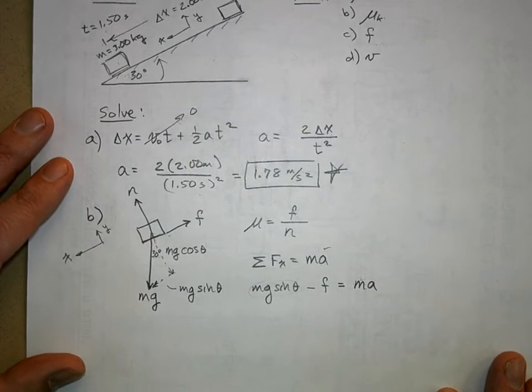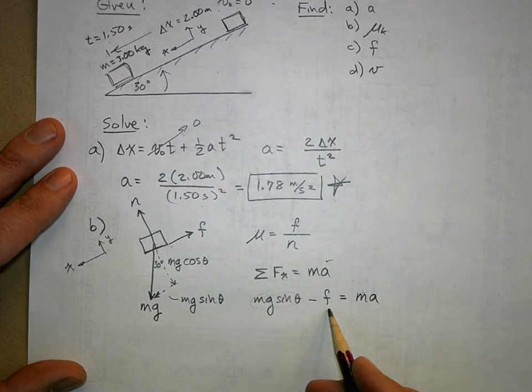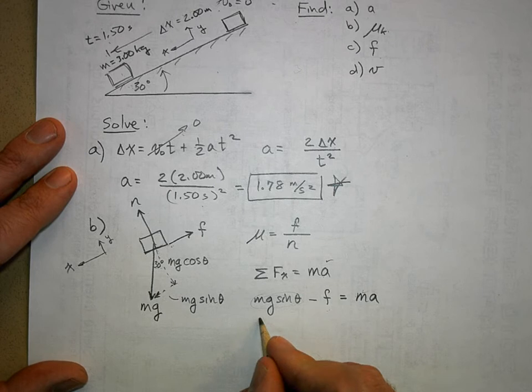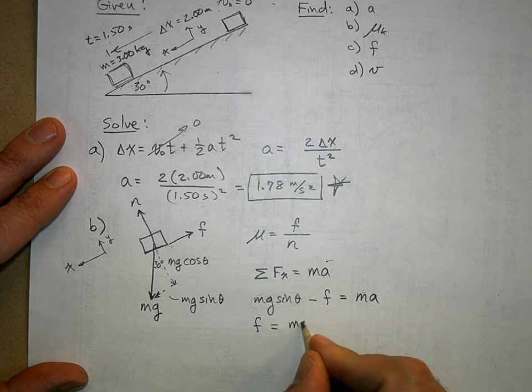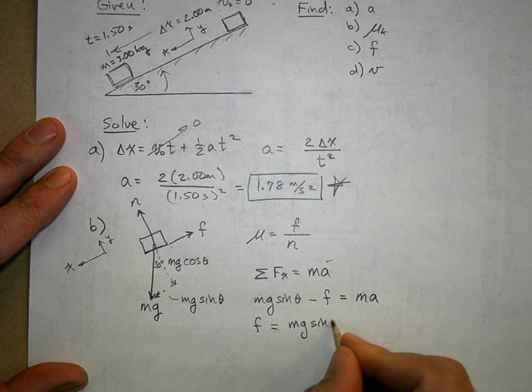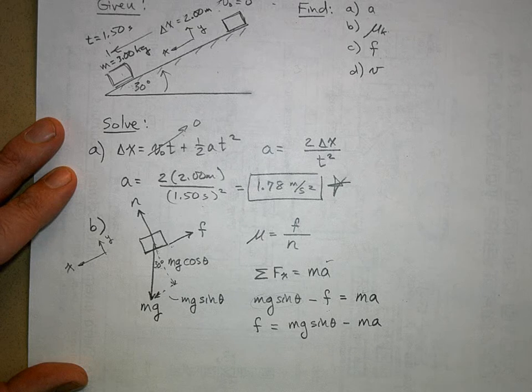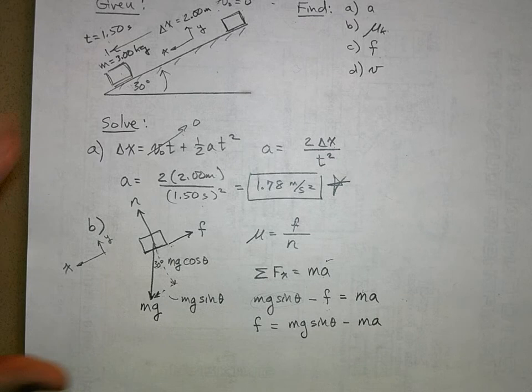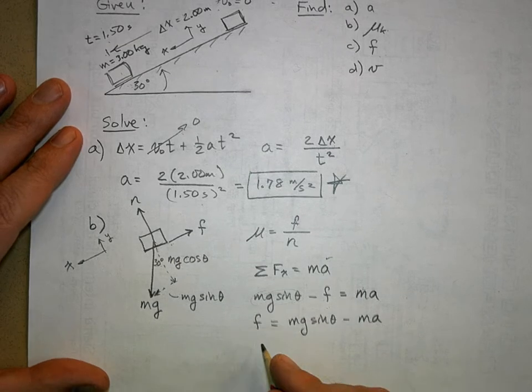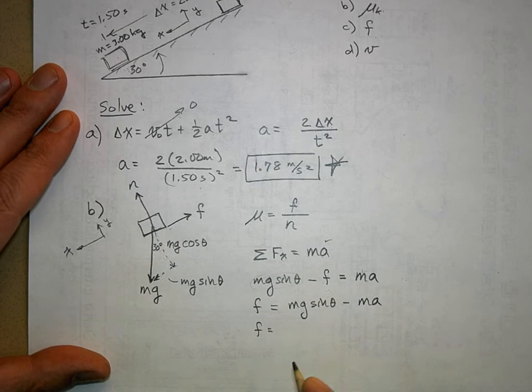So now I can just solve for the force of friction. I'm just going to do it in one step. So just add it over there and subtract this. So this is going to be mg sine theta minus ma. Okay, did I do that right? Plus and then minus, yes. And so now I can just plug in my numbers.